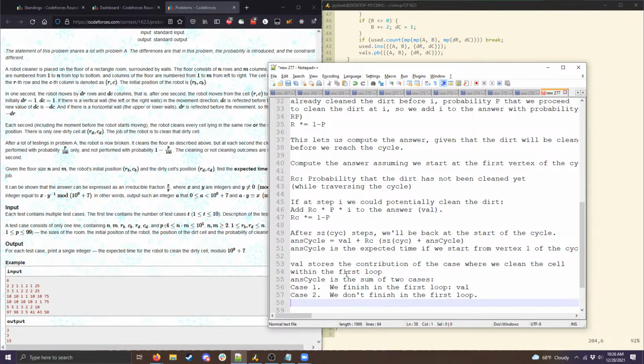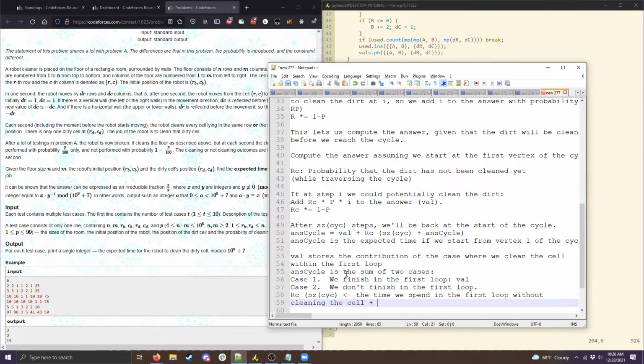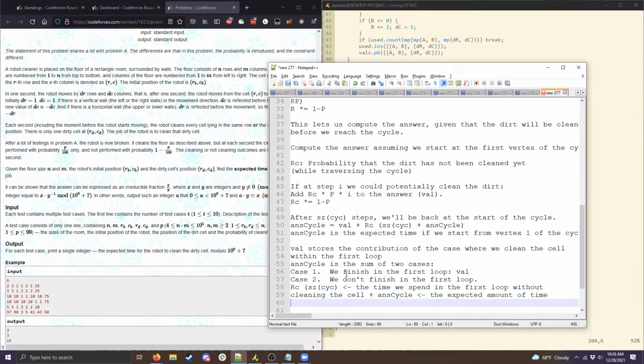So then, this happens with probability RC, and then we have size of cyc, which is the time we spend in the first loop without cleaning the cell. And then we add Ant's cycle, because Ant's cycle is the expected amount of time before we clean the cell.